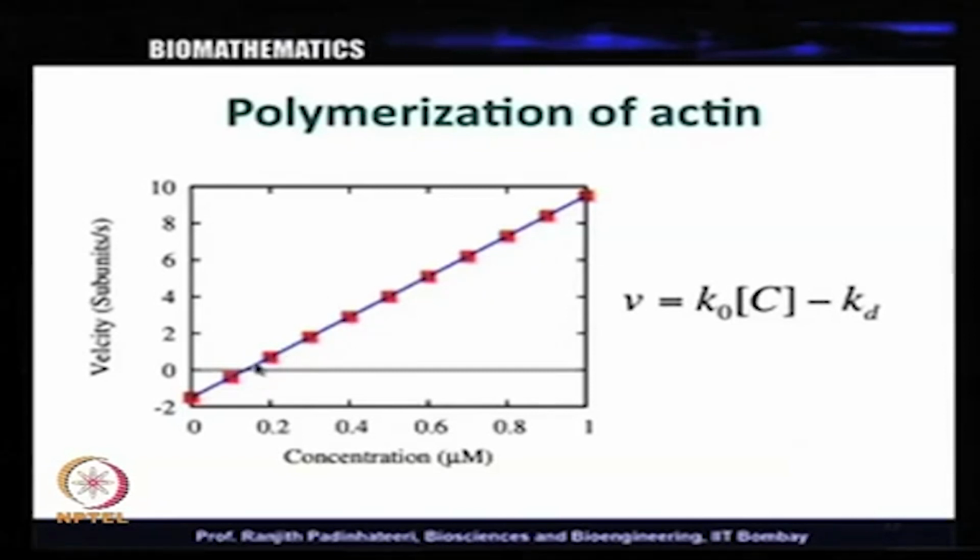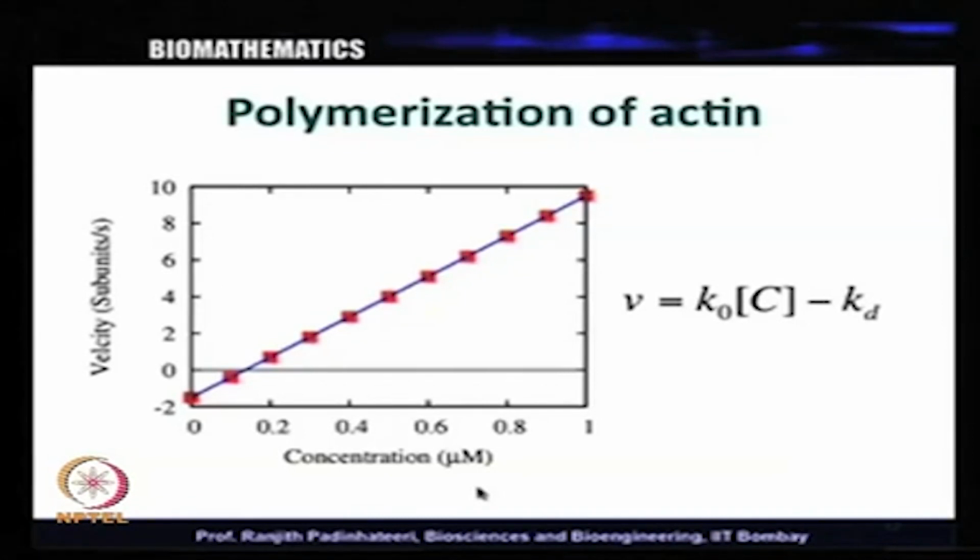So, you can extend this. If you plot this much, you can join them and draw a straight line and extend this till you hit the x and y axes. So, this is one experiment. By varying the concentration and measuring the velocity, one can get the data points and plot this curve.